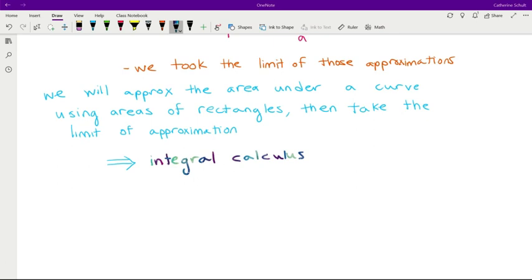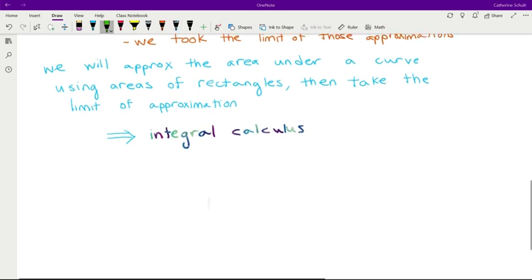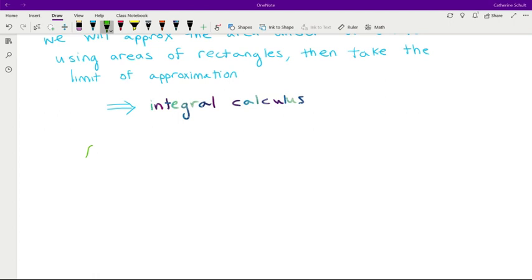So to demonstrate this point, let's use a real example. Let's use a function sine of x, and we're going to estimate the area S from x equals 0 to x equals pi over 2.